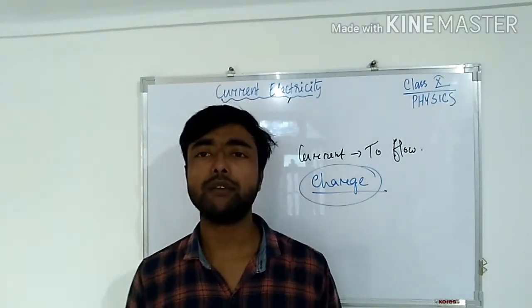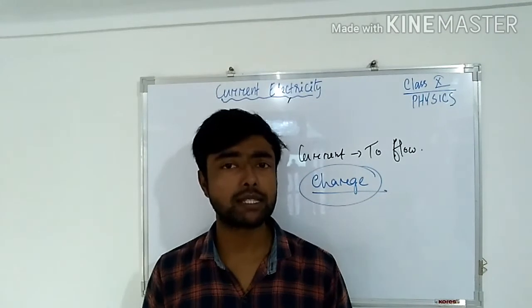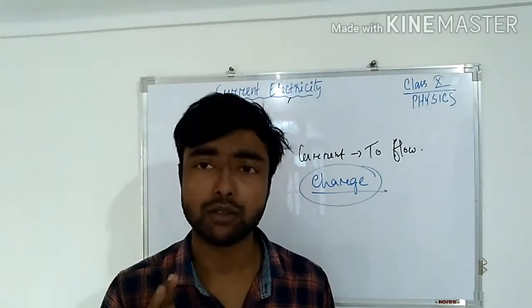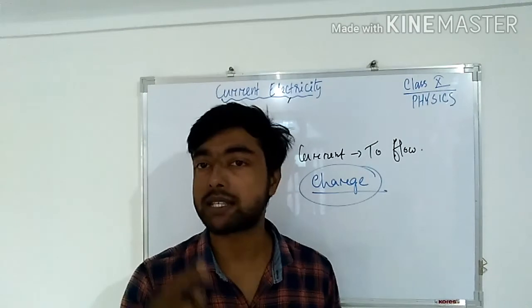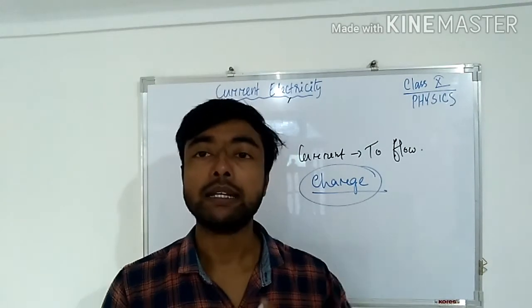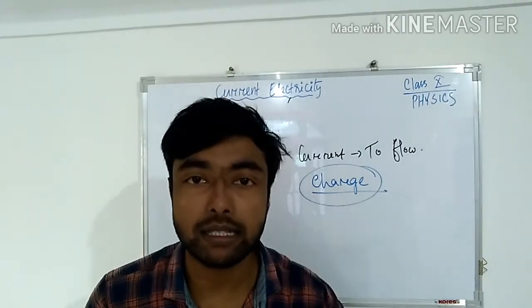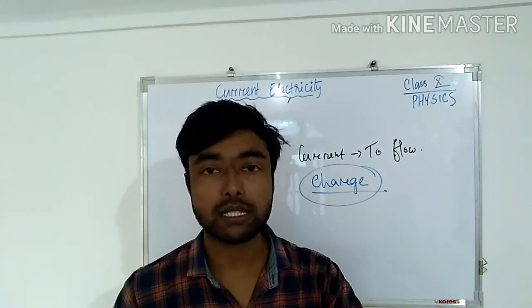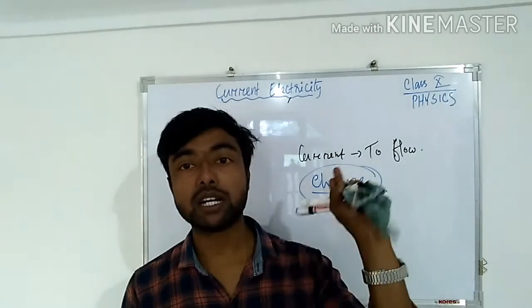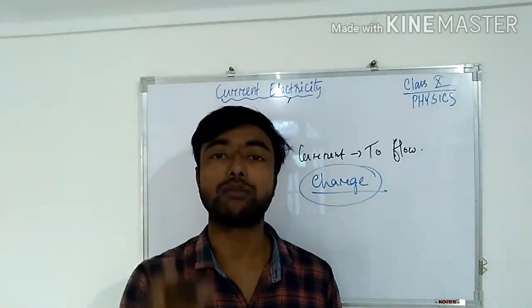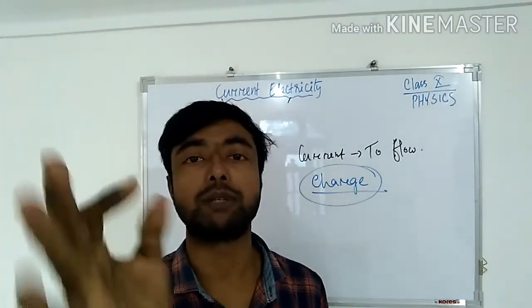Like if you have any material in your hand, we can say that material has a mass. So mass is one property of that material. That material has density, which is one of the characteristics. Like that only, charge is also one characteristic of that material.